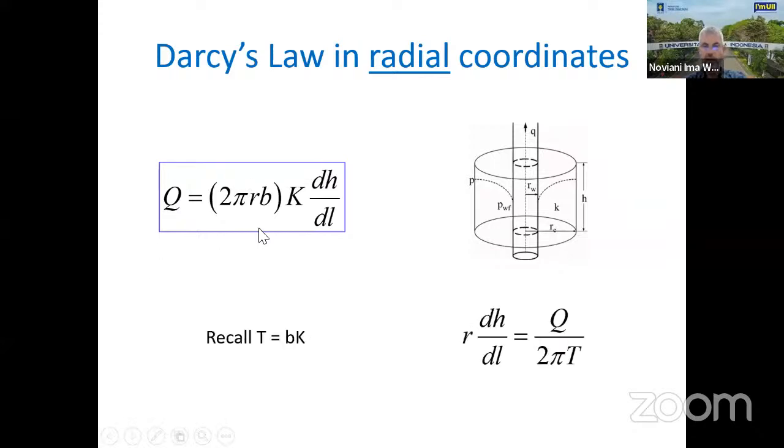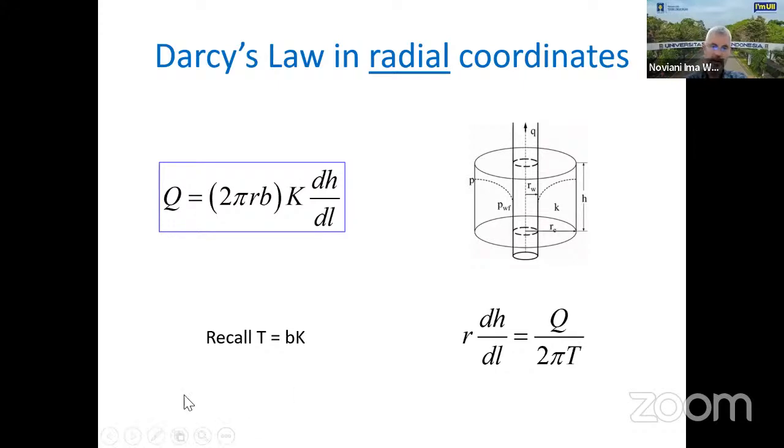The next thing I do is I take the K, hydraulic conductivity, and I replace it with T, the transmissivity. Remember, transmissivity is simply the hydraulic conductivity times the thickness of the aquifer. And when I do this and rearrange this formula here, I end up with this formula. It's still Darcys Law, but it's now written in terms of transmissivity and radial coordinates. And in the next step, this is where Dr. Theis comes in.